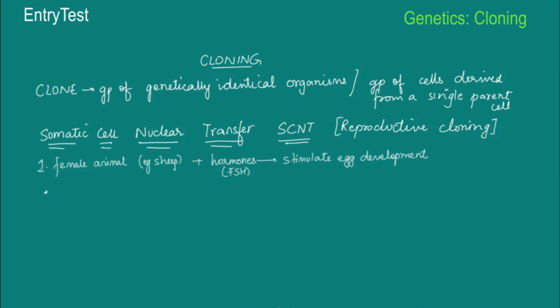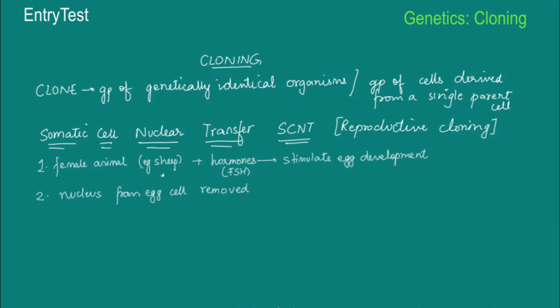The second step after that stimulation is the nucleus from an egg cell. Now very, very carefully you have to understand this. The nucleus from the egg cell is taken out. It is removed. I will also explain this entire process diagrammatically, but right now you need to concentrate on the steps.